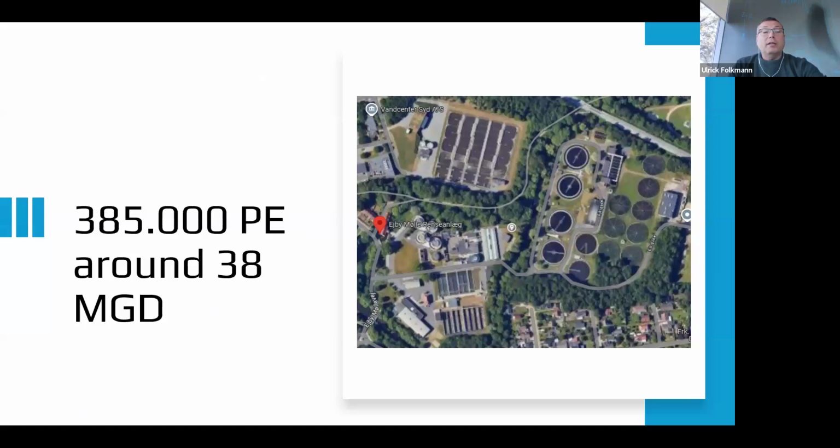So today I'll start telling about 2 cases. One of them is for a city where there is a wastewater plant that is cleaning for around 385,000 people. The plant is around 38 million gallons per day. And the city is on a small island between the middle of Jutland and Zealand, where the capital city of Denmark is.